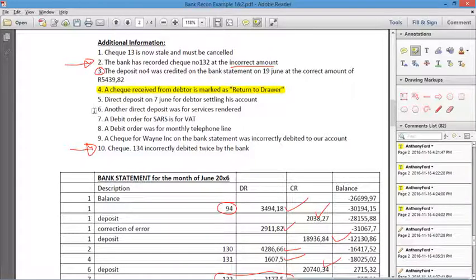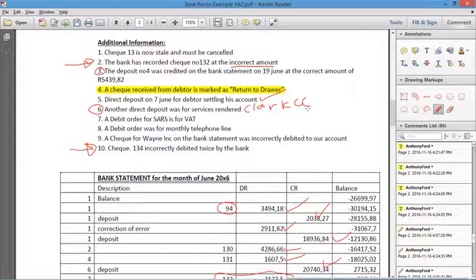Okay, so the 7th we've done. We've looked at this. This was for the Godfrey. These are the dates on the side. Okay, so then here we've got another direct deposit for services rendered. There's the key. That's for Clark. How would you know that? Because that's the only receipt that you've got here that there isn't any information about.